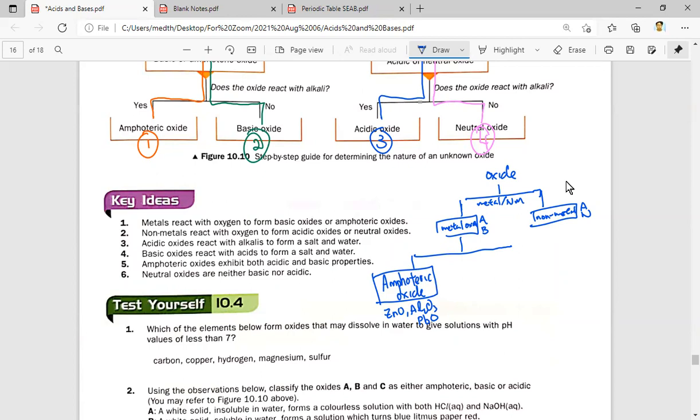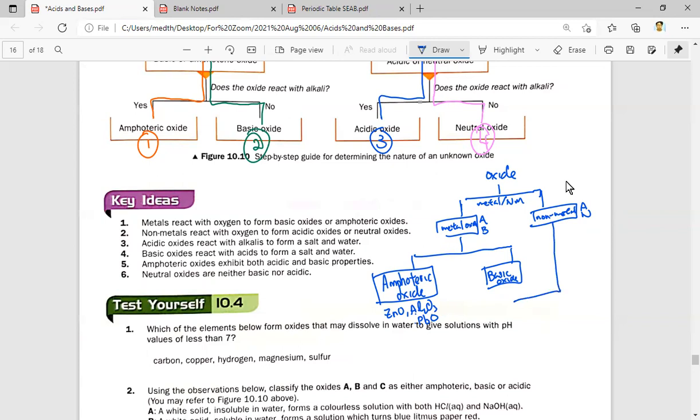If the metal oxide is not any of these 3, that means it must be basic oxide. So I say again, anything that's not zinc, aluminium, and lead must be basic oxides. So you go by elimination.